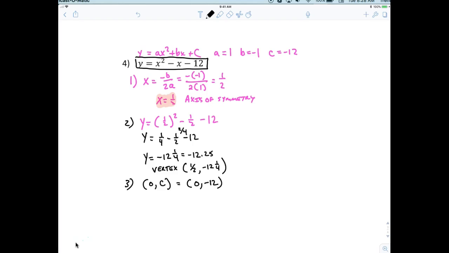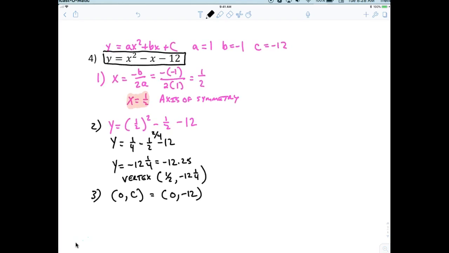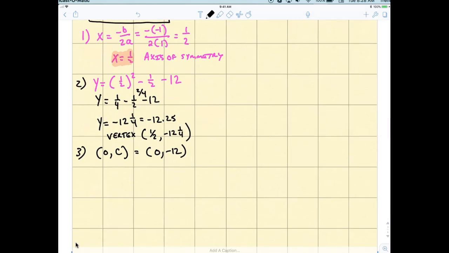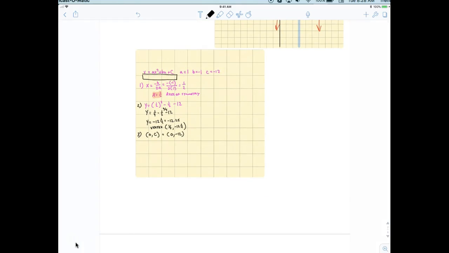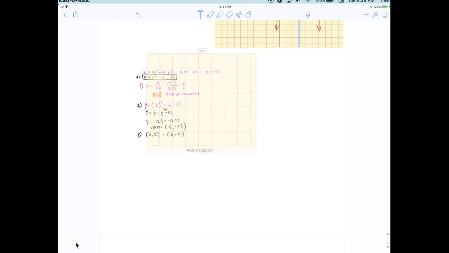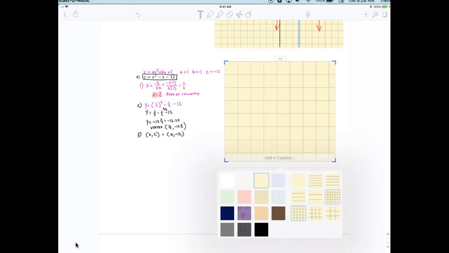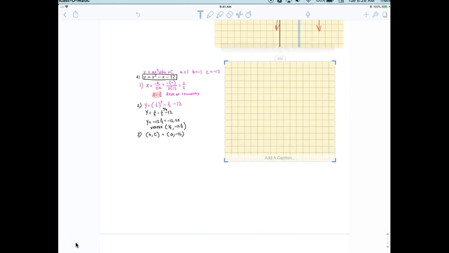So now, we're going to graph that. Now, I kind of liked what we did yesterday. We're going to add, and then hopefully everybody's on board with that.